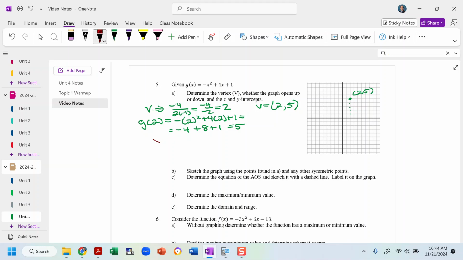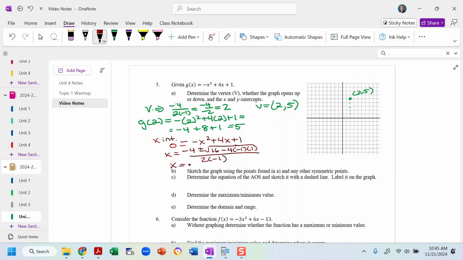The x-intercept, right? So we put 0 in for g of x. So we can do the quadratic formula. b squared is 16 minus 4ac, all over 2a.